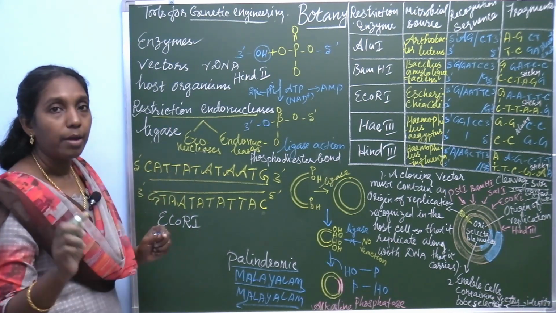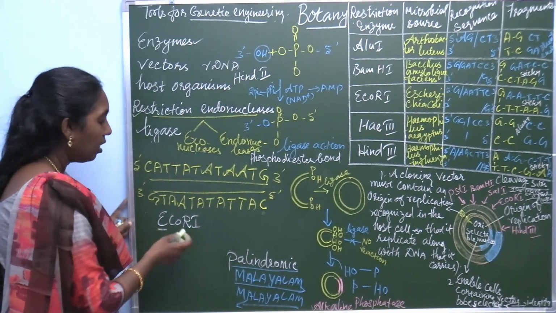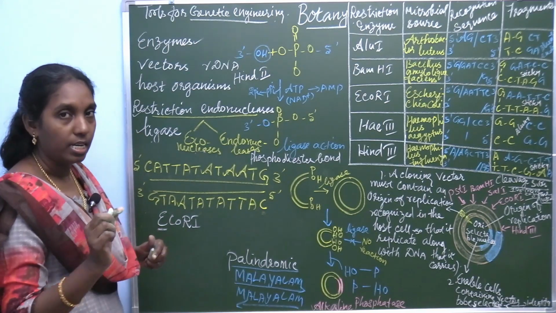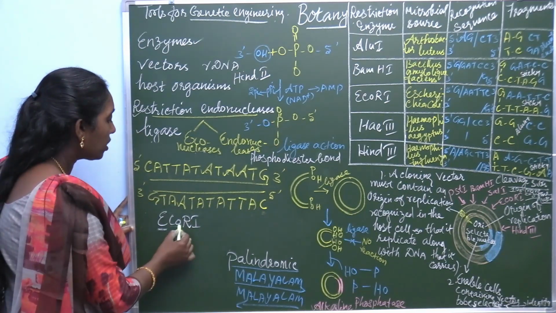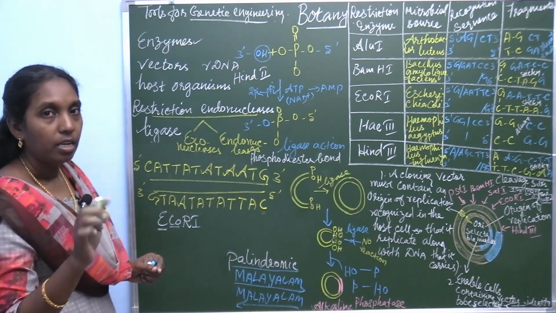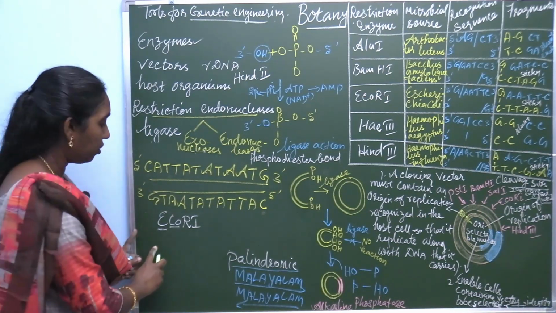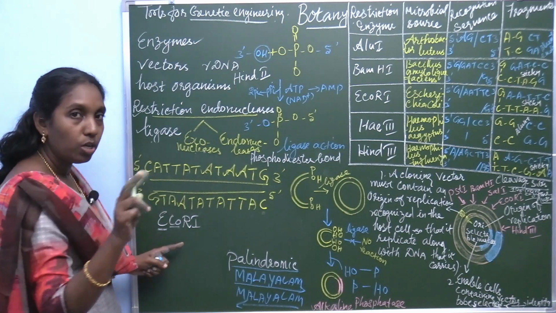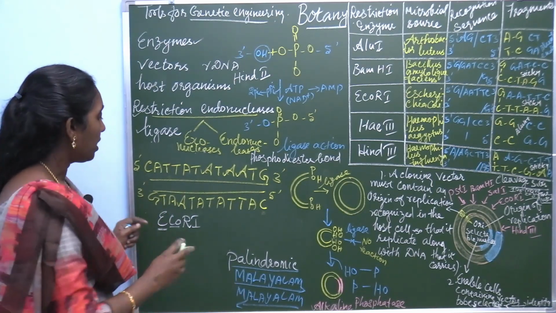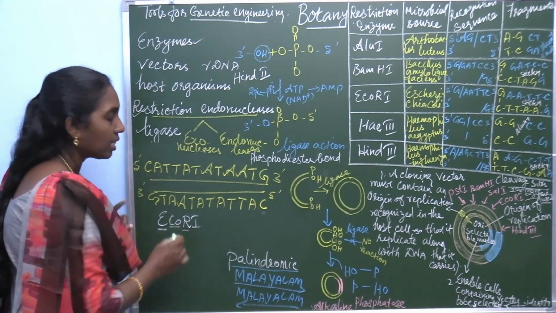It is followed by two letters from the species name, coli. Escherichia gives the first letter of the genus name, followed by two letters indicating the species name, and this R is the strain.